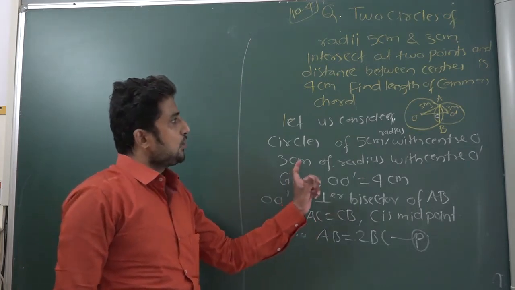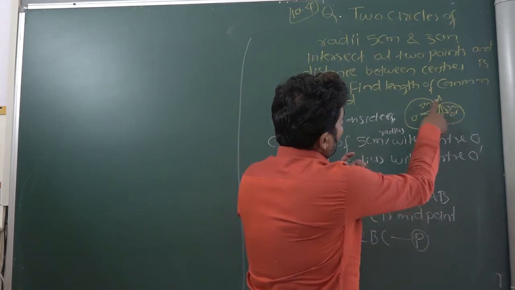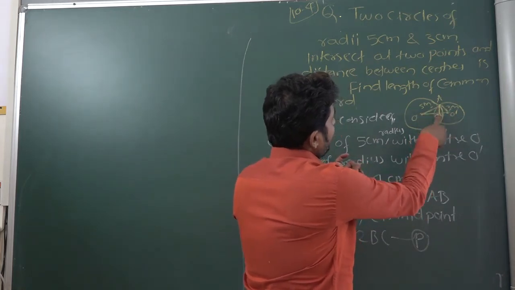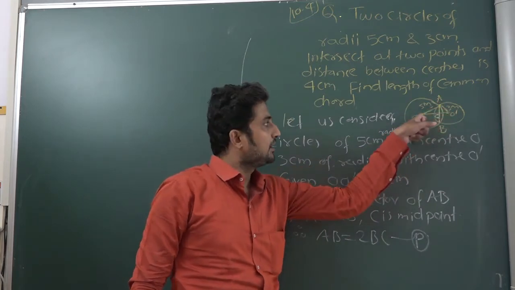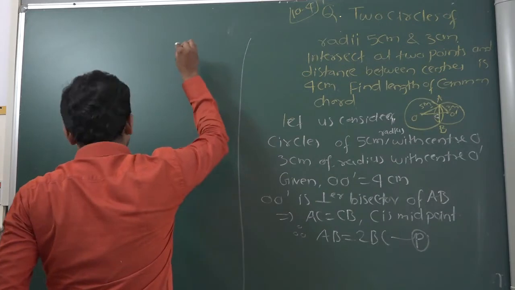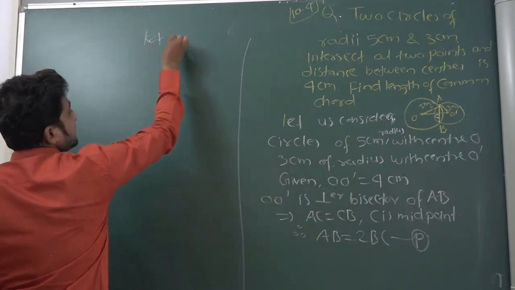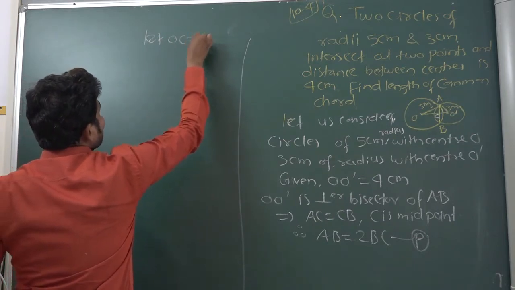Now, dear students, we are considering two different triangles, OAC and O dash AC. Here, let OC be x.